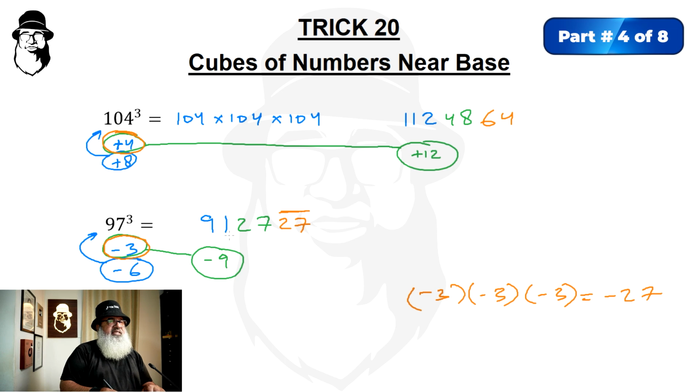Now this is the same as 912700 minus 27, or if we look only at this, it means 700 minus 27. Or I have just told you the trick that we just decrease 1 here.